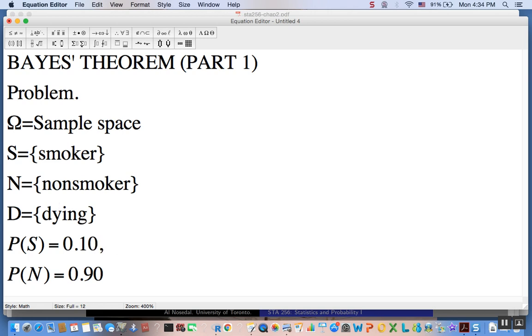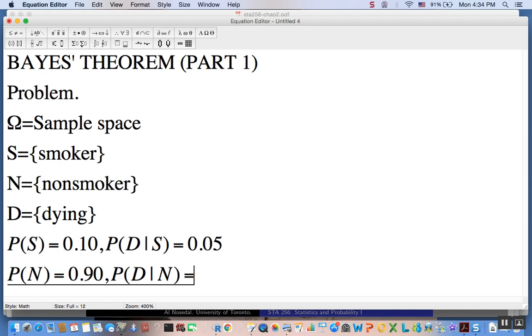We also had that probability of dying given smoker was 5%, and probability of dying given non-smoker only 1%.